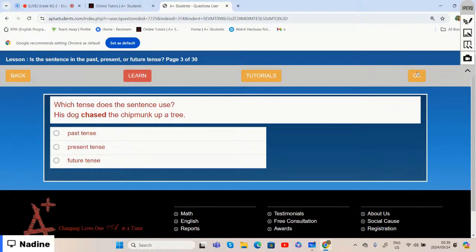His dog chased the chipmunk up a tree. So chased, is that in the past tense, option one, present tense, option two, or future tense, option three?